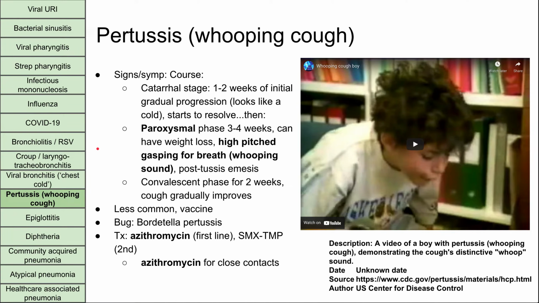They can have pretty sudden weight loss, and start having this high-pitched gasp for breath. This is the whoop in the whooping cough. Some even have post-tussive emesis, so some might vomit up a little bit of blood after a coughing fit. Last is the convalescent phase for 2 weeks, and the cough gradually improves throughout that last phase.